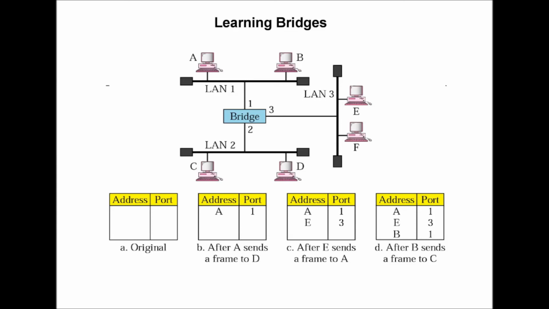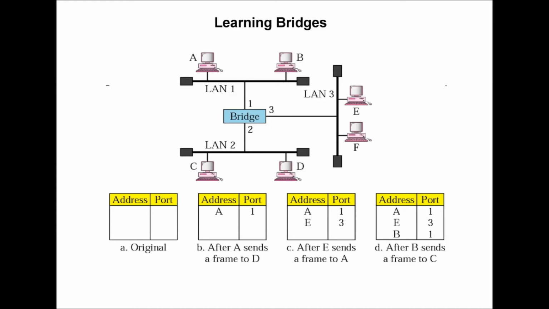There are different scenarios by which bridge will be able to learn. When frames are transmitted among these different personal computers, the MAC addresses, the physical addresses, are received by the bridge, and this process is called the learning process of bridge.